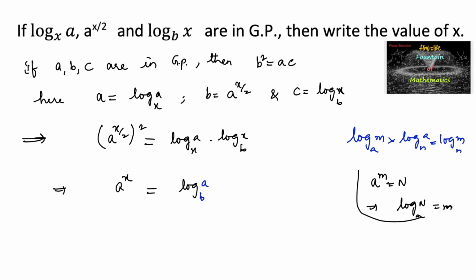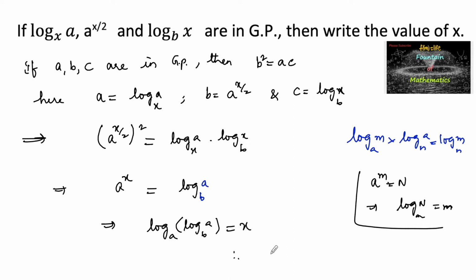So we can write a to the power x equals log a to the base b, which implies that log of log a to the base b, with the base a, equals x. Therefore x equals log of log a to the base b, where the base is a. This is the answer.